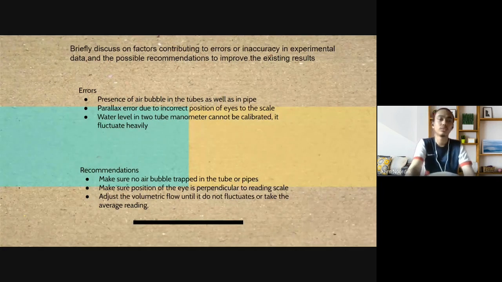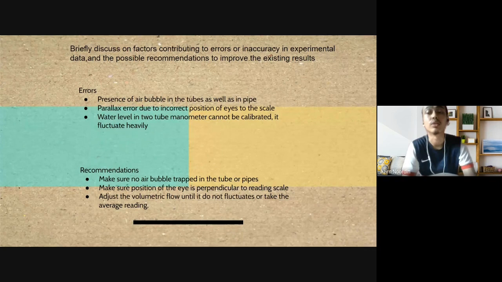So for the last question, we need to briefly discuss the factors contributing to error and inaccuracy in the experiment data, and the possible recommendations to improve the existing result. First, we will discuss the errors. The first error from the experiment is the presence of air bubbles in the tube as well as in the water in the pipe.